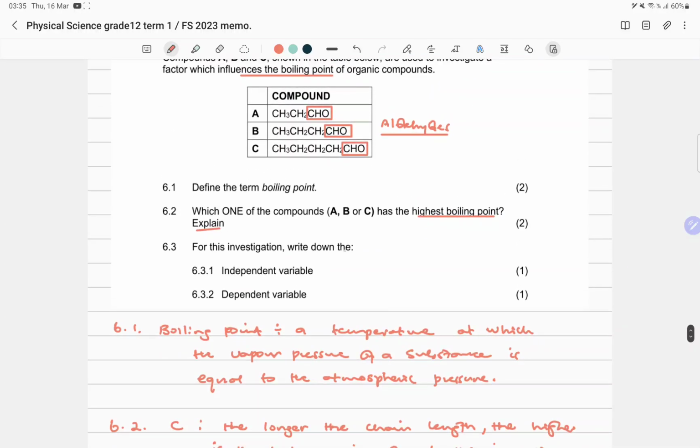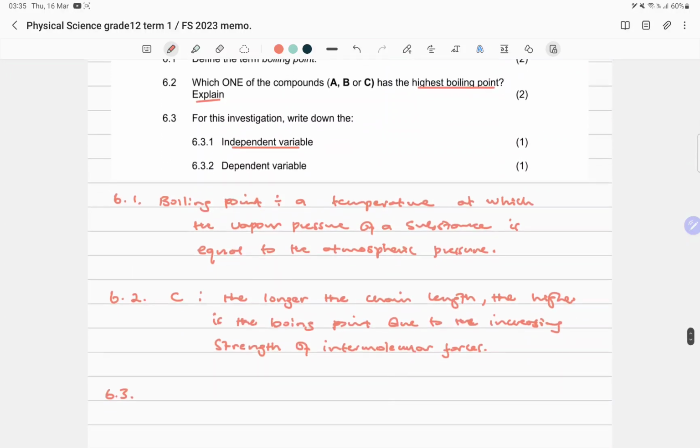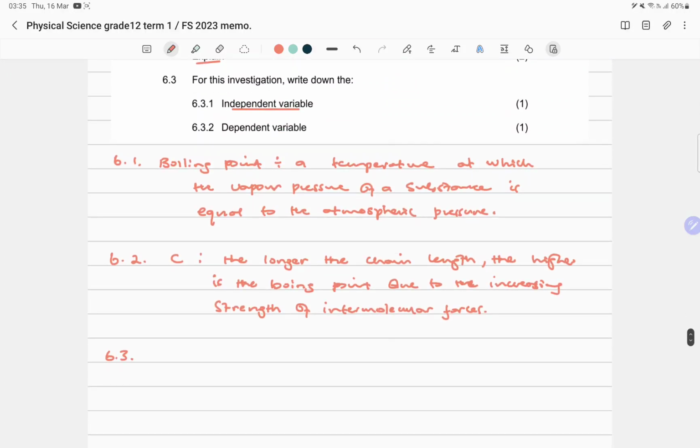6.3 says, now for this investigation, write down the independent variable. Of course, here this is the chain length. That's what we are changing. 6.3.1. So that is what the boiling point seems to be depending on. So this is the chain length.